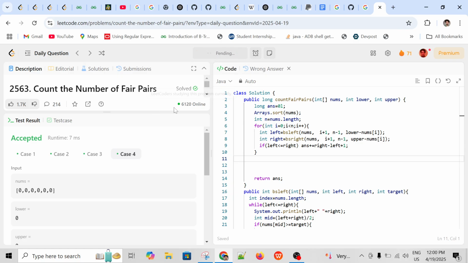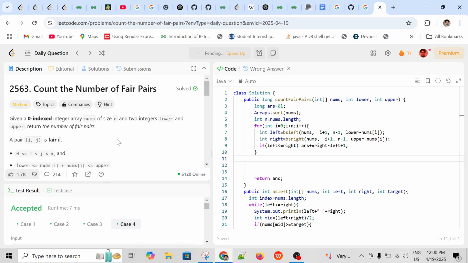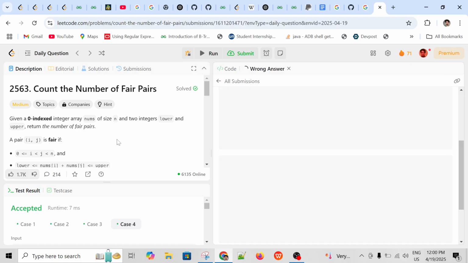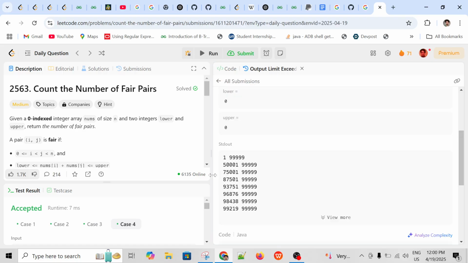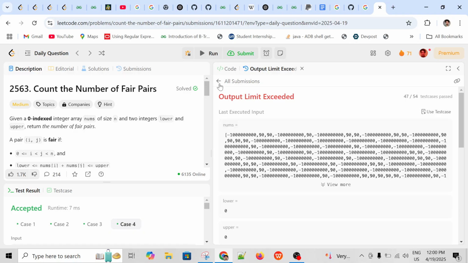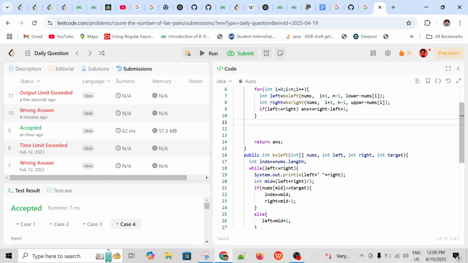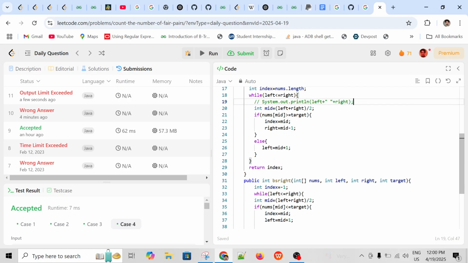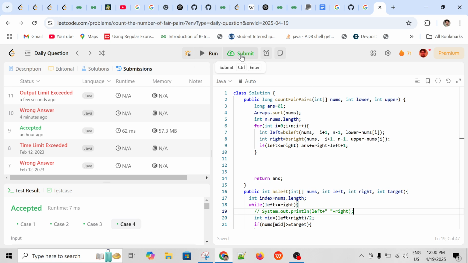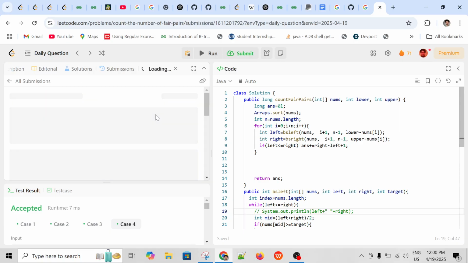So let's try to submit it now. Sorry, I have written the print statement here, that's why it is giving the output limit exceeded.